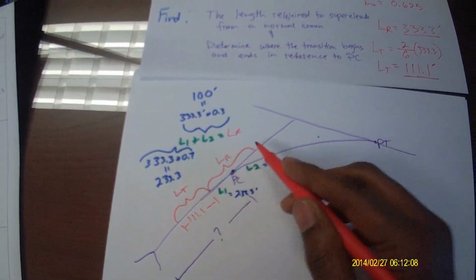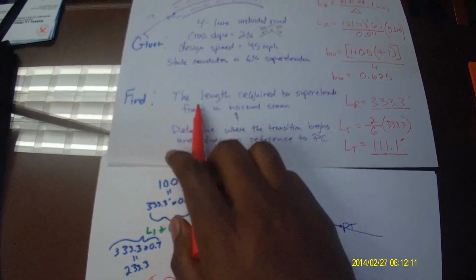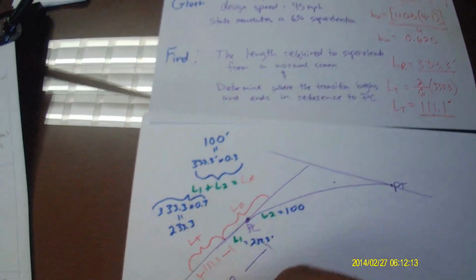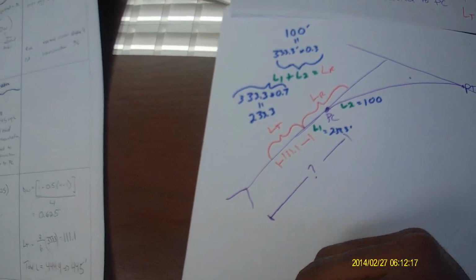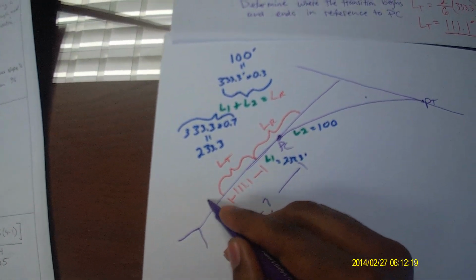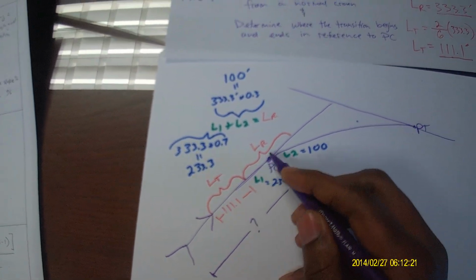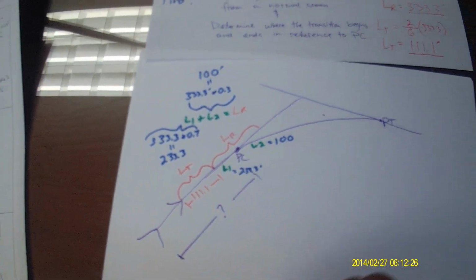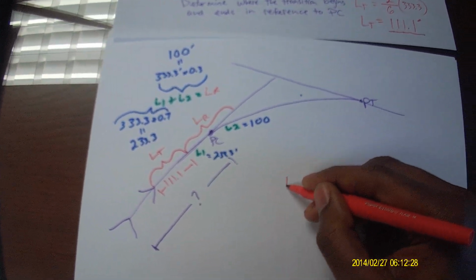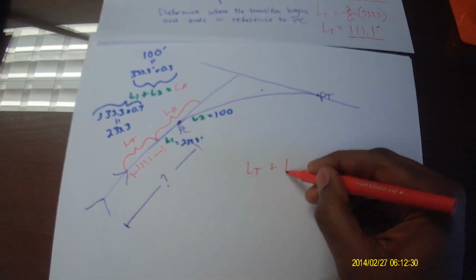Then the total length required to superelevate from a normal crown is equal to L sub t plus L sub r.